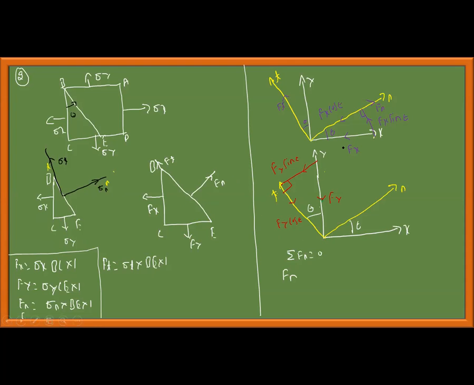F of x is acting opposite to the normal axis. Hence, f of n minus f of x cos theta, and also this is acting opposite to my normal axis, similar to negative y axis, negative x axis. Minus f of y sin theta is equal to 0.